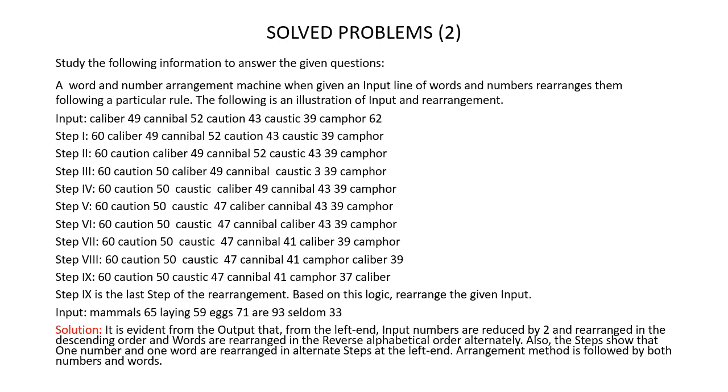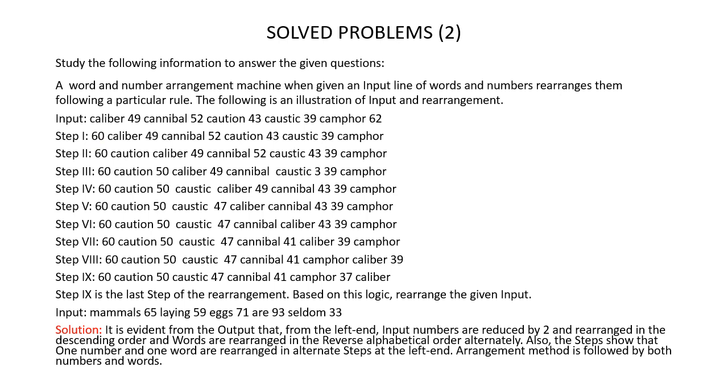The second reason is the steps show that the rearrangement is done in the same order as is given in the output. Now, as you can see in the output, the order of the elements is 60, caution, 50, caustic, and so on. As you can see in the rearrangement steps, the first element that is rearranged in step 1 is 60.